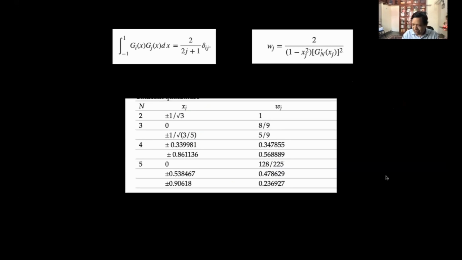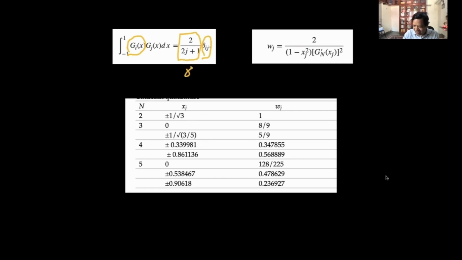Right now I'm denoting these Legendre polynomials by G, because there are too many L's: we have Lagrange, and we have Laguerre coming up a few slides later. So I just denote it by G. So the integral of G_i G_j is orthogonal because it's a property of the polynomial. So we have delta ij, and the prefactor, which is gamma.